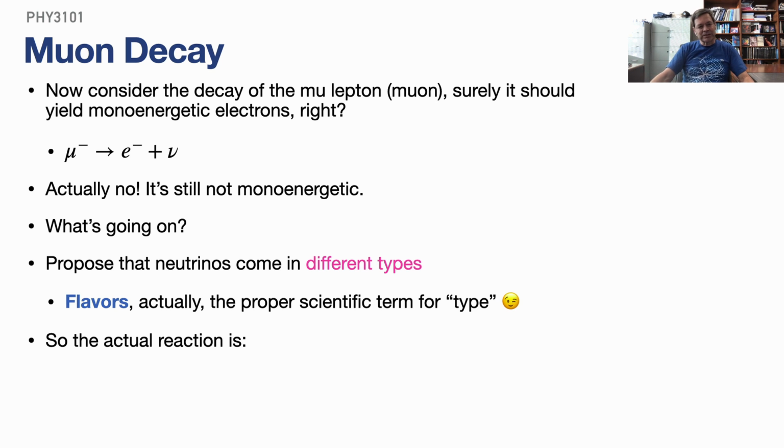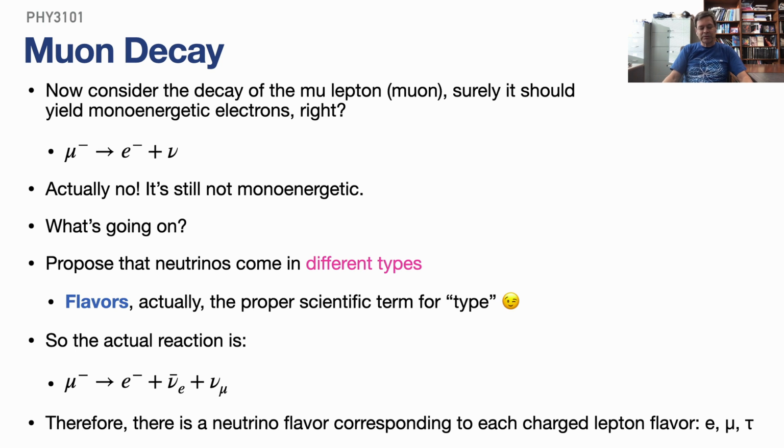So the actual reaction for a muon decay, the mu lepton, is that it decays to an electron, and there are two neutrinos in the final state, an anti-electron neutrino and a muon neutrino. So there apparently is a neutrino associated with the electron type and a neutrino associated with the muon type.